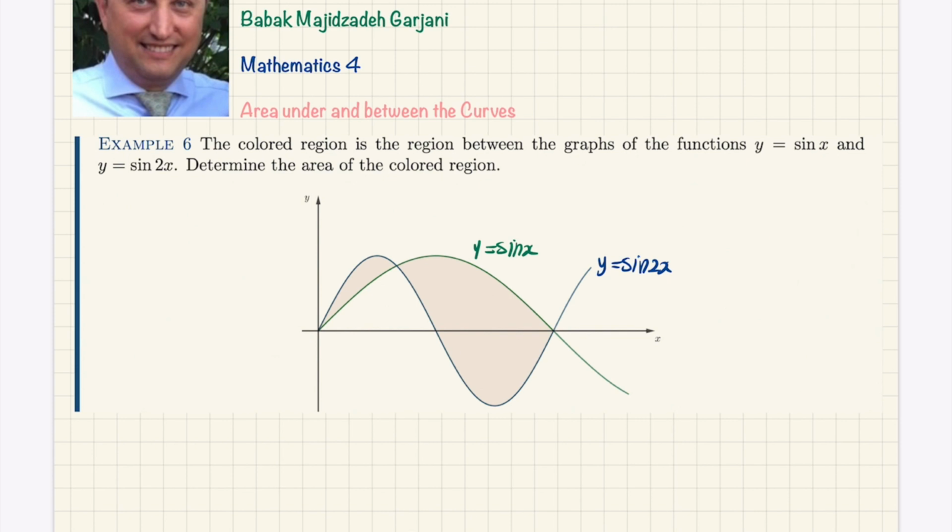So it means that I have to break the integral before this point and after this point. There is also another problem. The paper is not a grid paper. I don't know what that point is, so it means that you have to find it. There are some problems in the book of this nature.